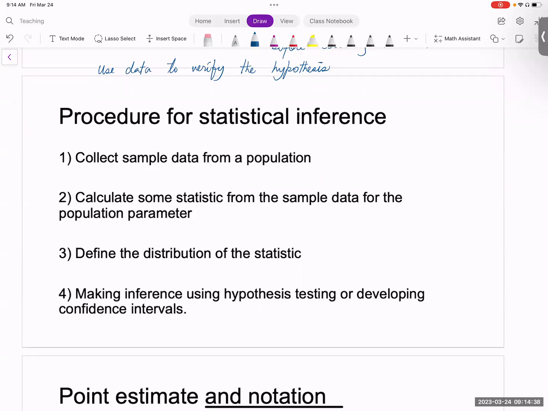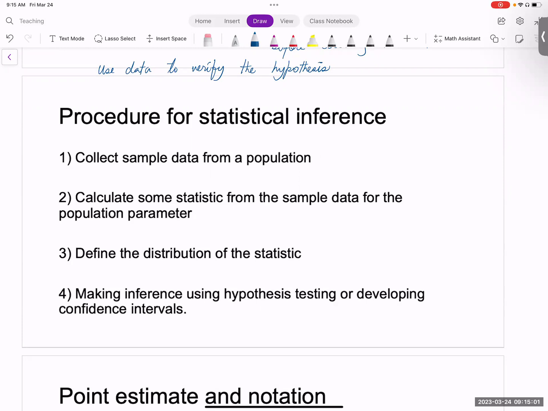You would collect some data from the population. You would compute some sample statistics from the sample data for the population parameter. Now, even in this course, we might not do number two all the time. In the assignments, I might ask you sometimes to compute mean and variance, but for the exams and otherwise, I would provide these sample statistics to you.